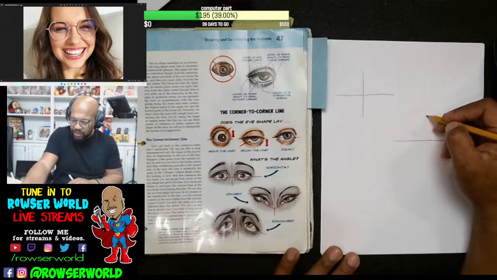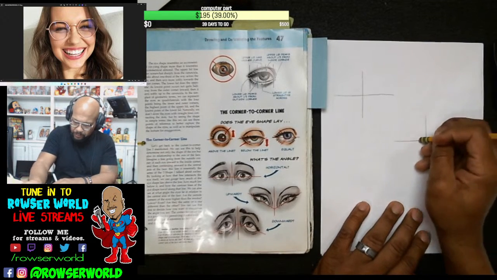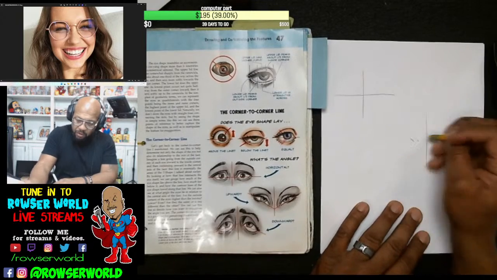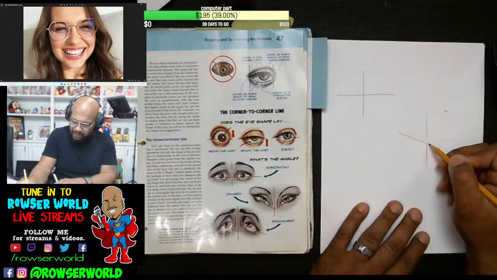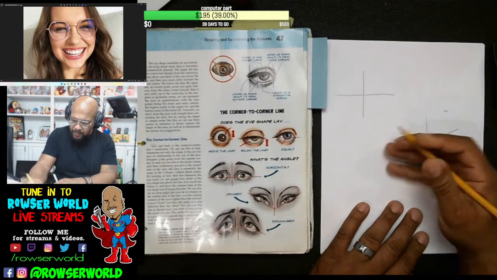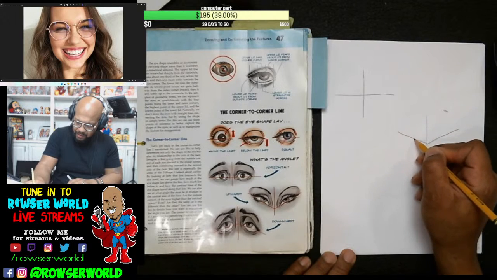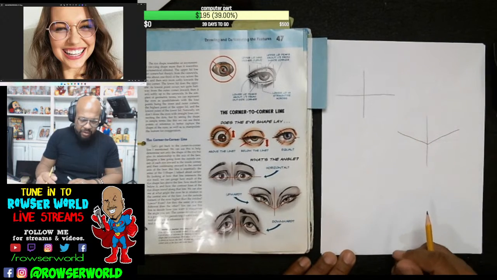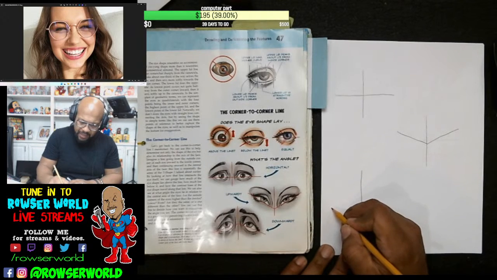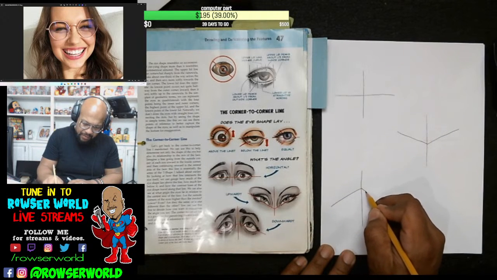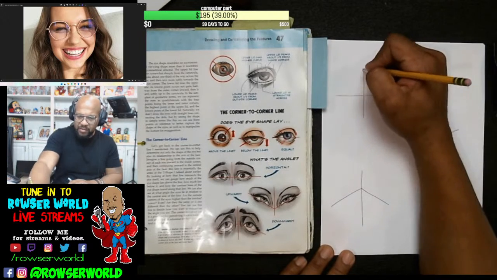So you can draw your shape straight across. You can draw it at an angle like this. Okay. And then you can also draw it at a down angle like this. Okay. So this might be your practice.